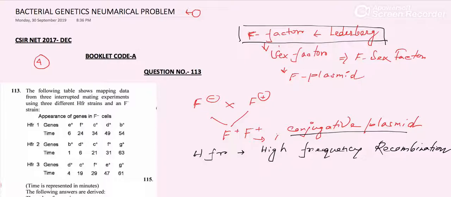A high frequency recombination cell or strain is a bacterium in which the conjugative plasmid is integrated into the chromosomal DNA, and the integration of the plasmid into the chromosome is through homologous recombination. The Hfr plasmid just carries the factor and is integrated into the chromosomal DNA.